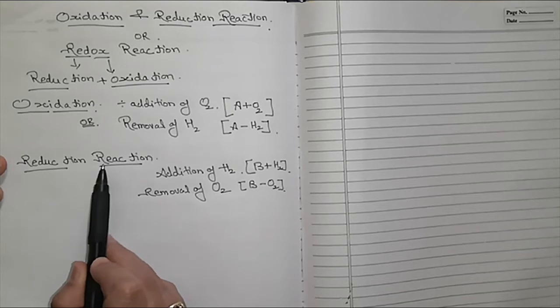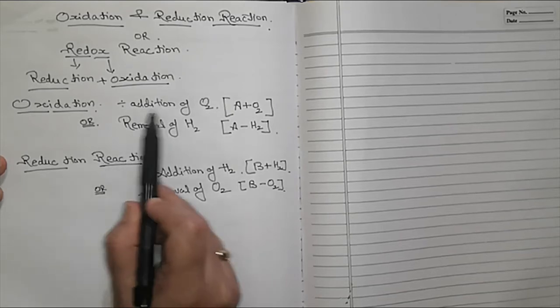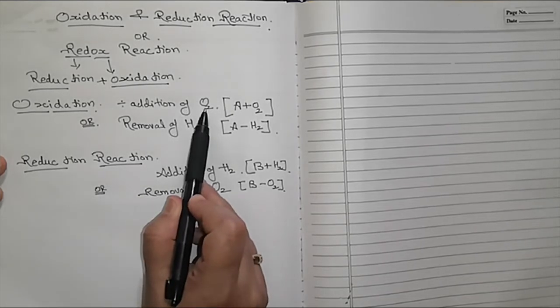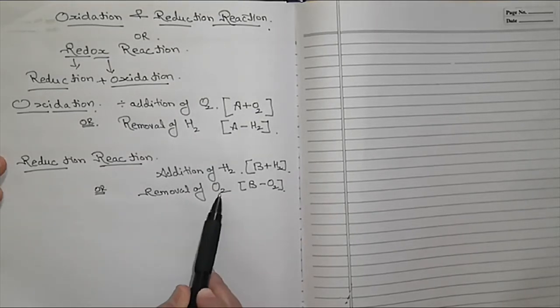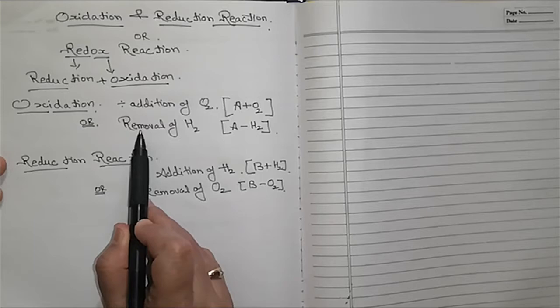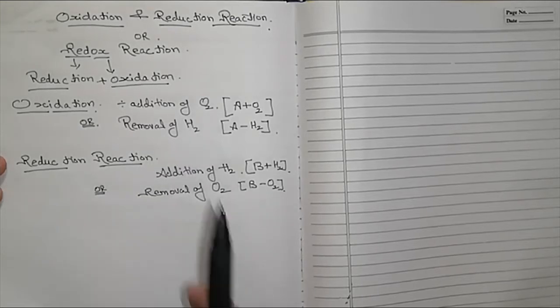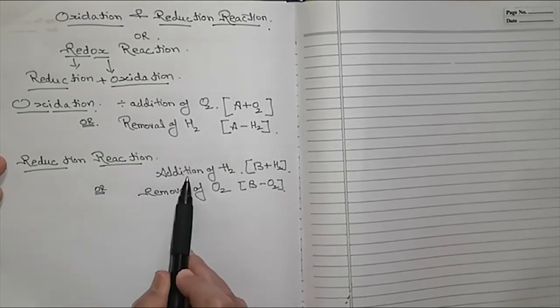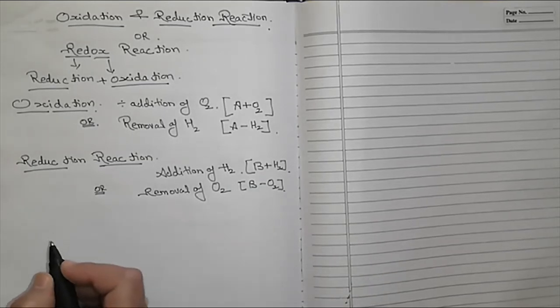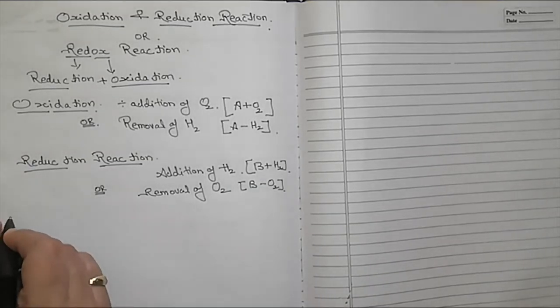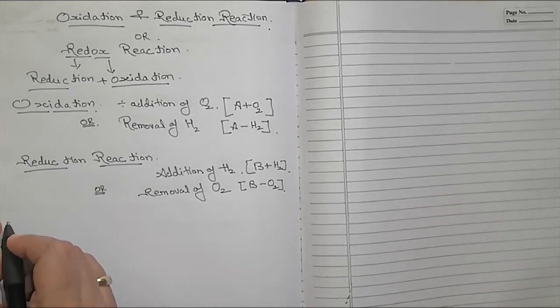Now coming to the reduction reaction, here oxygen is being added. Over here oxygen is being removed. Over here hydrogen is being removed, and in reduction reaction hydrogen is being added. Clear?